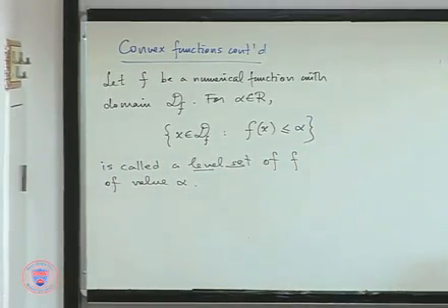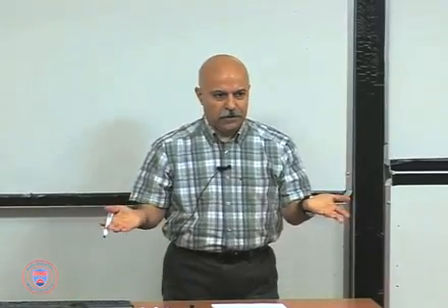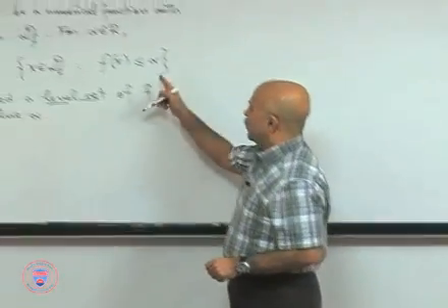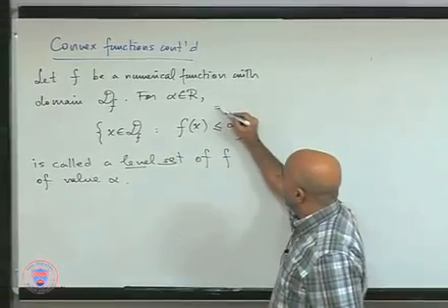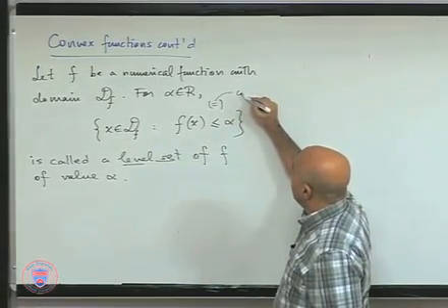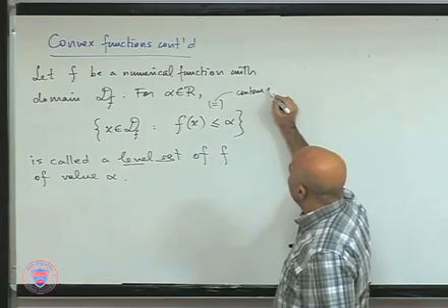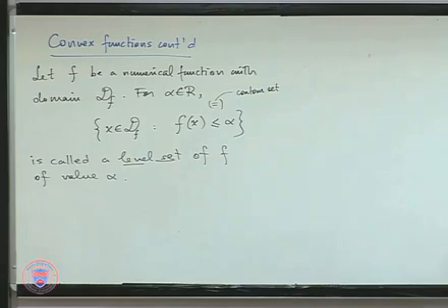That's called a contour set, like the contour lines in a geographical map. They would be all of the same height from the sea level. So with equality, that would define a contour set, but with inequality, it defines a level set of value alpha.